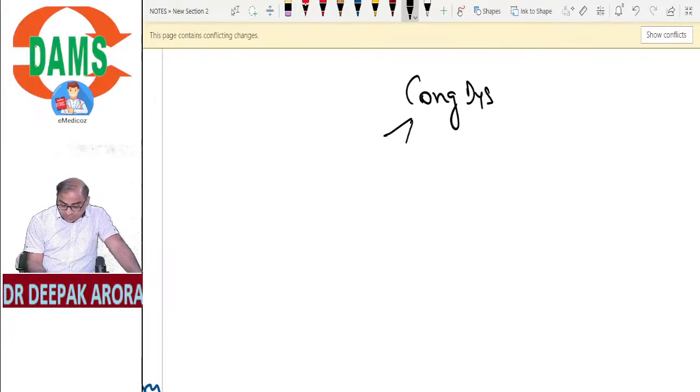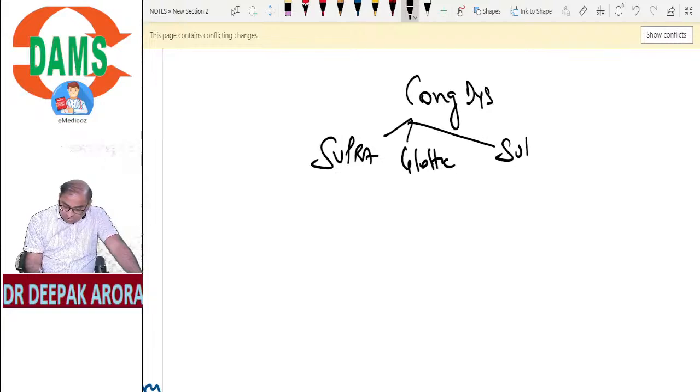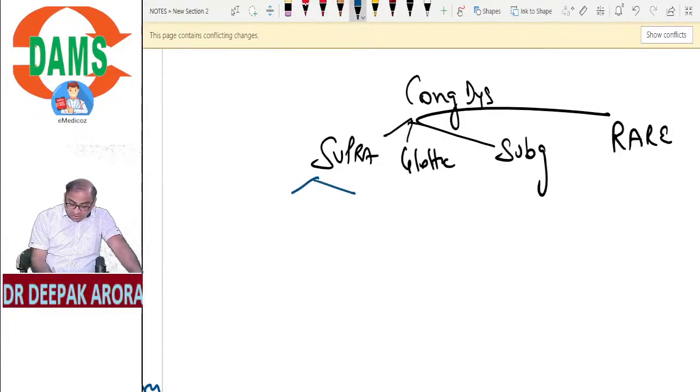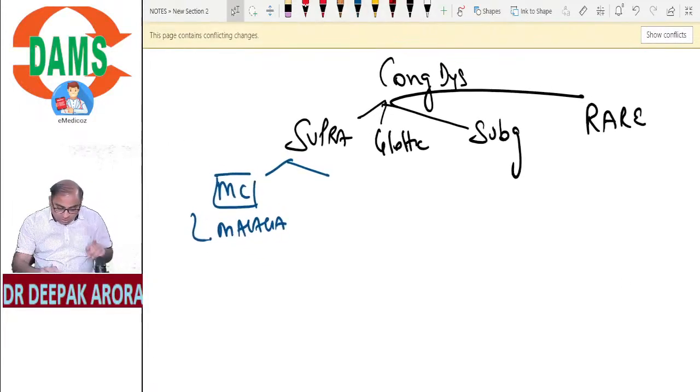Congenital dyspnea. I will classify into supraglottic area, glottic segment, subglottic, and the fourth will be rare. I am teaching you how to make your notes concise. Supraglottic, most common is laryngomalacia. Appreciate this methodology, my motive of conducting this session for you.